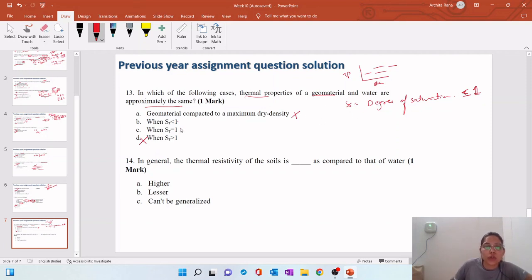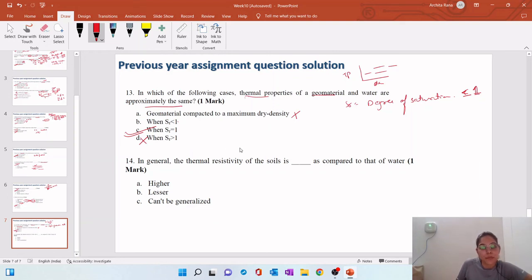When SR is equal to 1, it means the soil or geomaterial is completely saturated, and SR less than 1 means that geomaterial is partially saturated. So the answer should be when it's completely saturated, because in that case we can measure the thermal property and find that they have the same thermal property for both water and the soil or geomaterial.